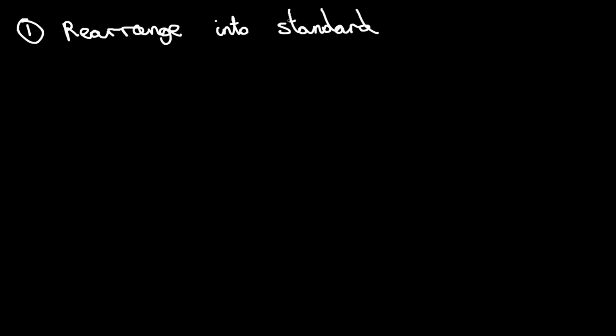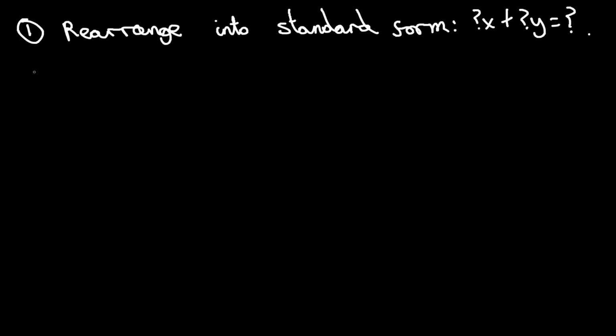So let's summarize the technique. The first thing we need to do is rearrange into standard form. Standard form, which is something x plus something y is equal to something. Now bear in mind these somethings may be negative.